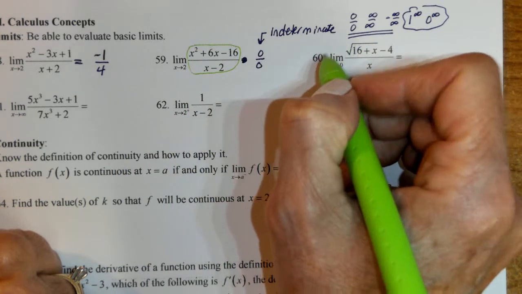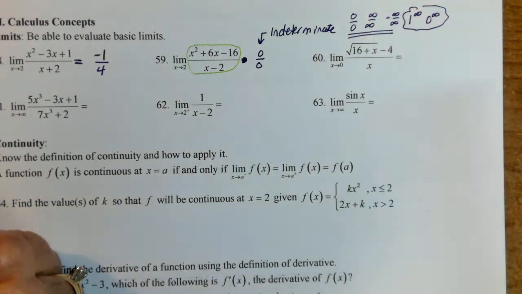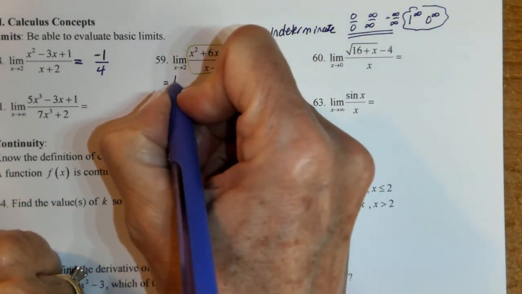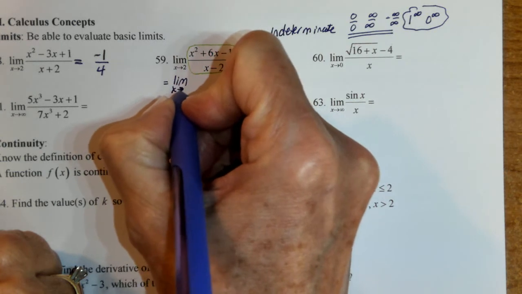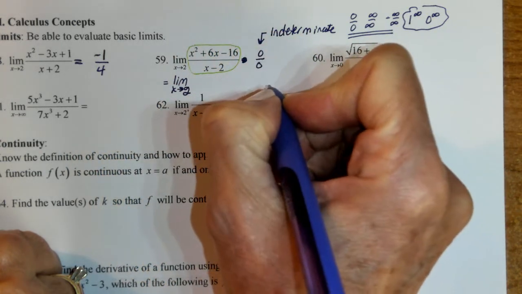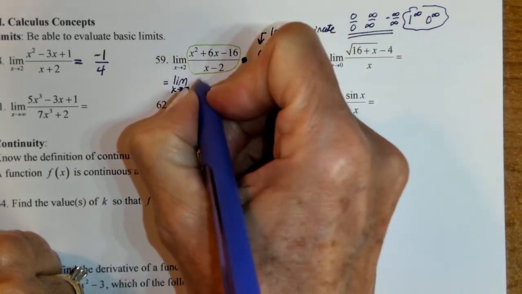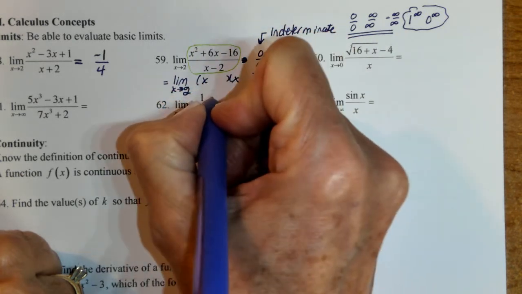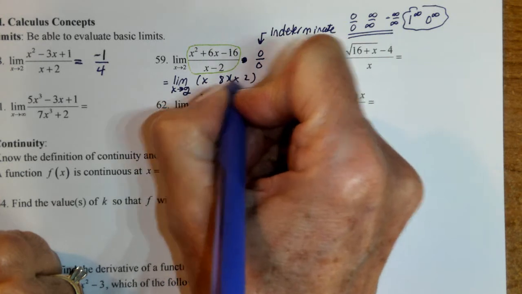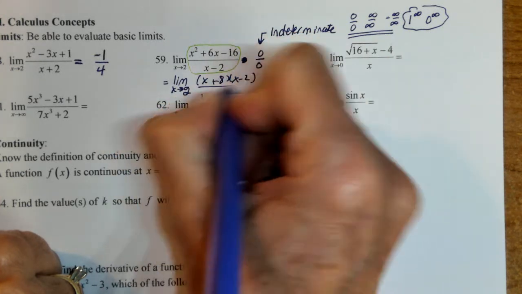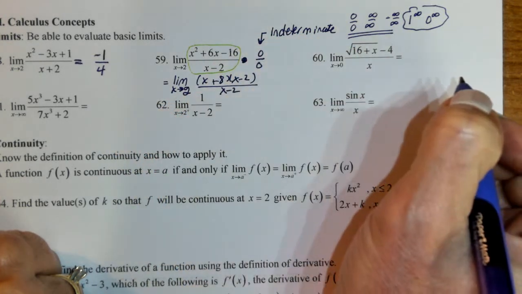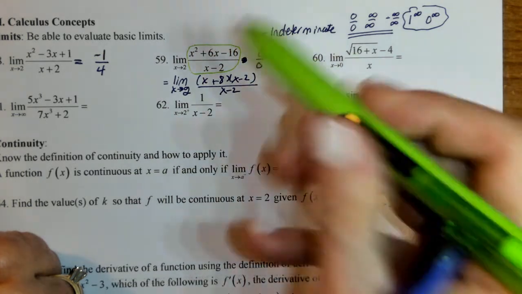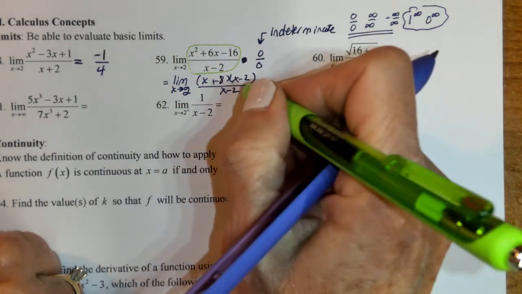So if I factor this, I keep my limit, because I haven't taken the limit yet. I'm factoring the top, and it factors into 8 and 2, plus and minus, like that. And I see that this function has a hole.